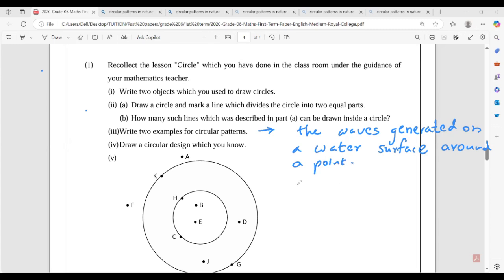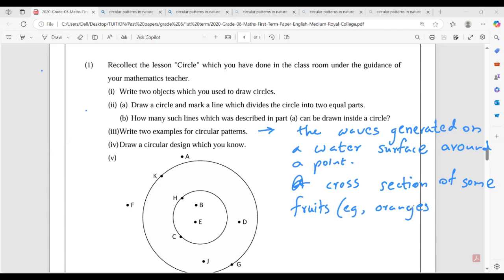And also you can say a cross section of some fruits. For example, you can say oranges. If you take an orange, if you cut it into two parts, you can see the cross section, and that is also a circular pattern.